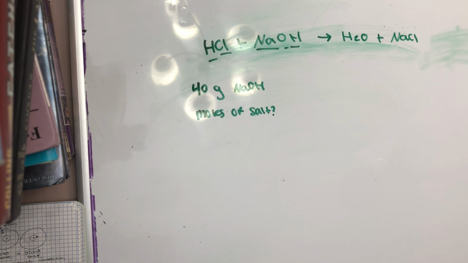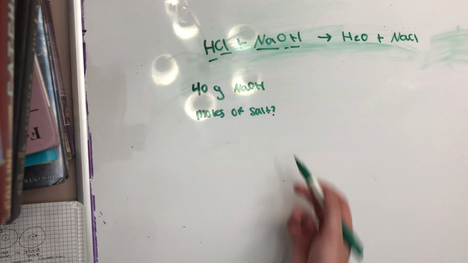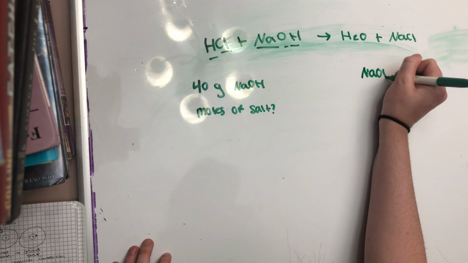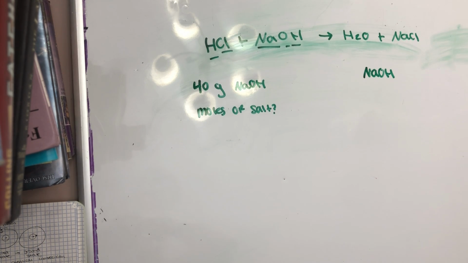So the first step we have to do is find out the mass of NaOH to see how many grams equals 1 mole. So we have NaOH, and you're going to need to get out your periodic table for this one. I kind of have these already written down.